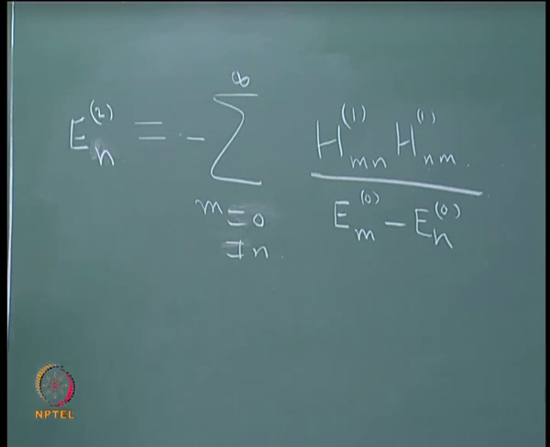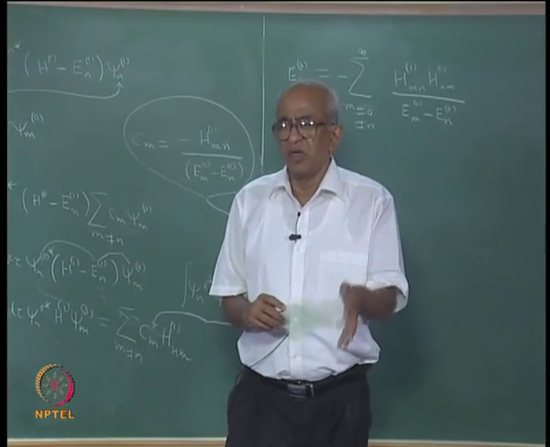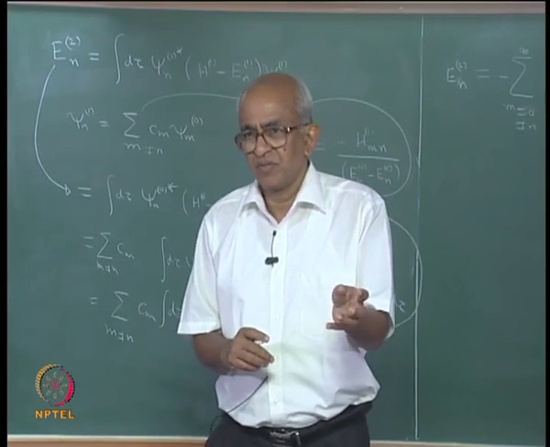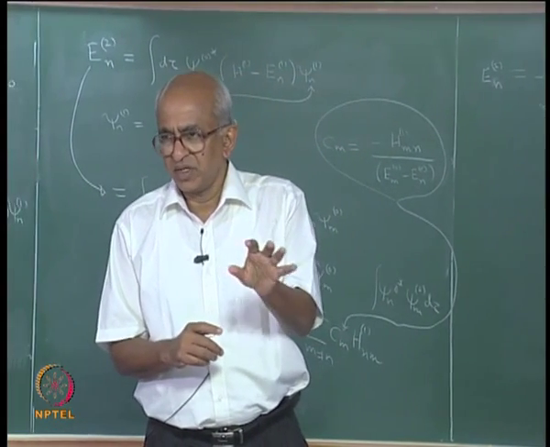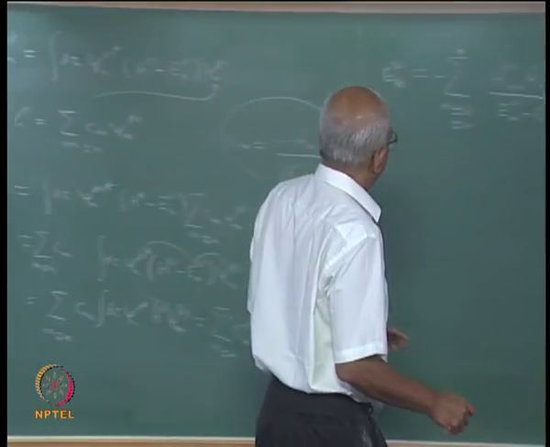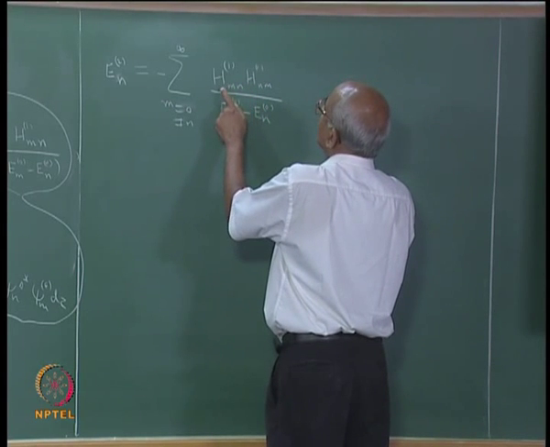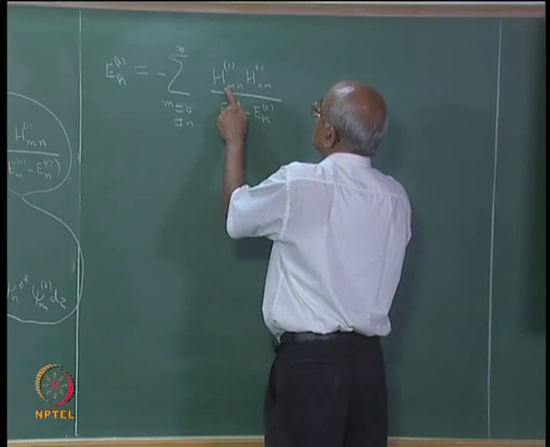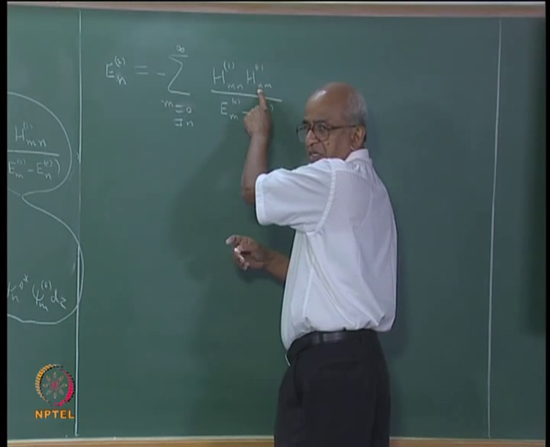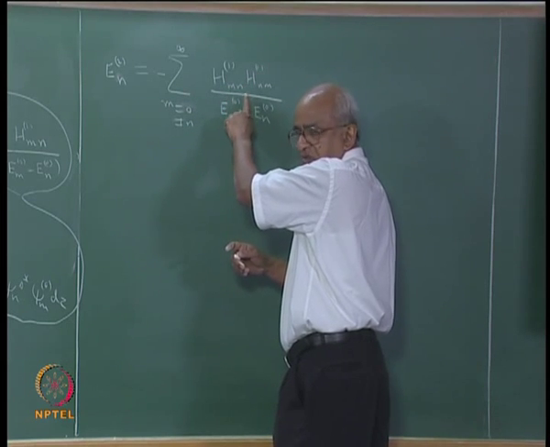Now this H1 itself is a part of your Hamiltonian, and normally even that part will be a Hermitian operator, even the small perturbation that you are applying. That implies that this integral is nothing but the complex conjugate of that integral. You can use the definitions to show that, but I am not going to do that.